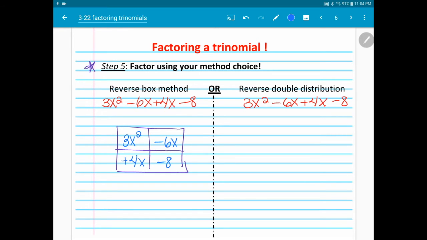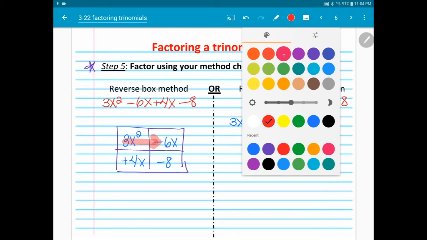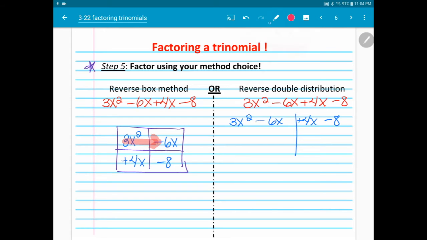When I have my reverse double distribution, I'm splitting this in the middle. Okay, so now our process is taking out the GCF. So first I'm going to start with these two. So I'm taking out the GCF of 3x squared and negative 6x. And that GCF gets me 3x.